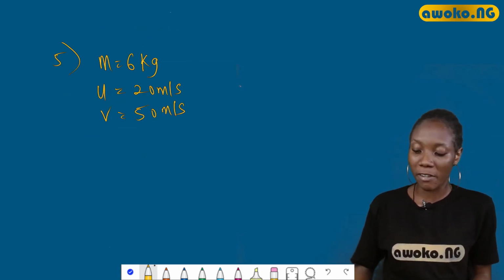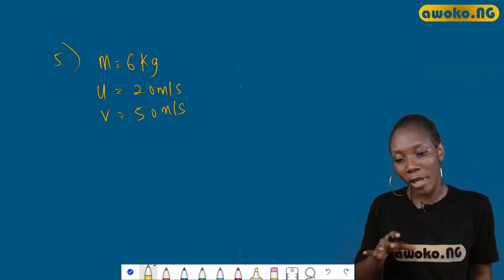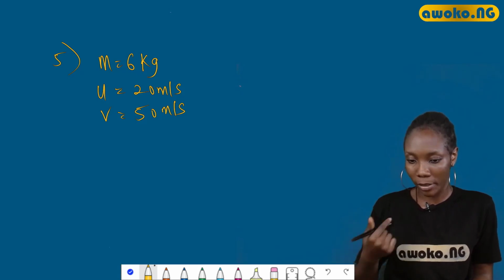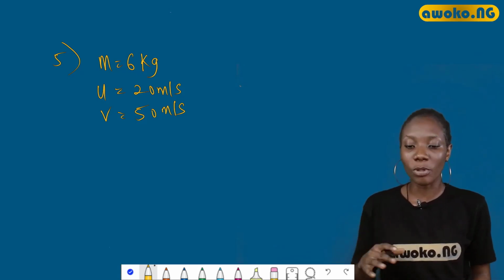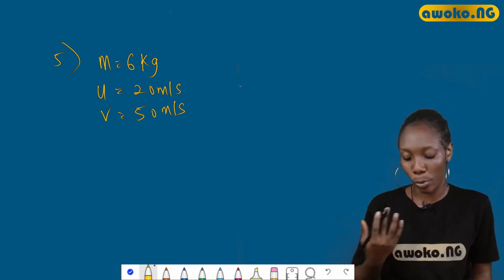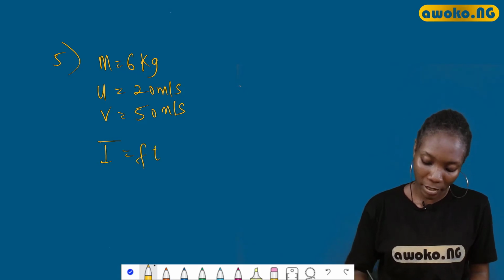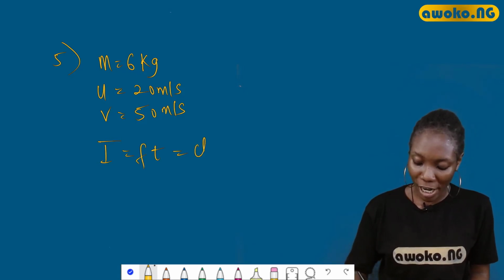Alright, now let's solve. Okay, what are we asked to find? The impulse received by the first body. Remember at the beginning of the class, I don't know if you were there, Rush, but I'm still going to give it again. From Newton's second law, we're able to get a relation for impulse. So we said impulse is also equal to Ft, which is also equal to change in momentum.